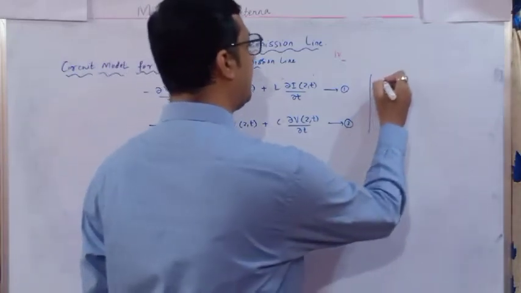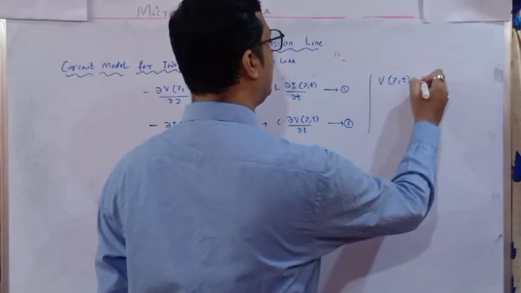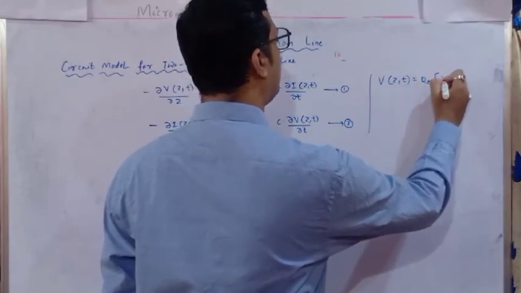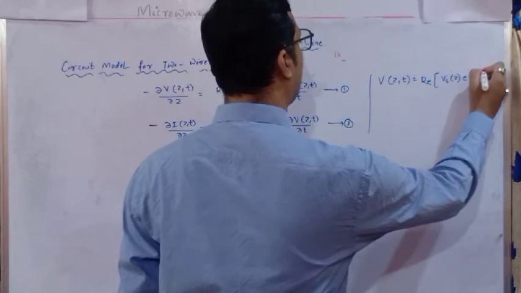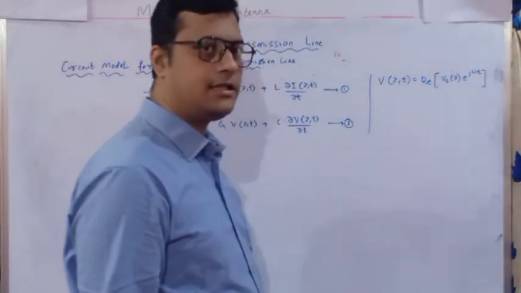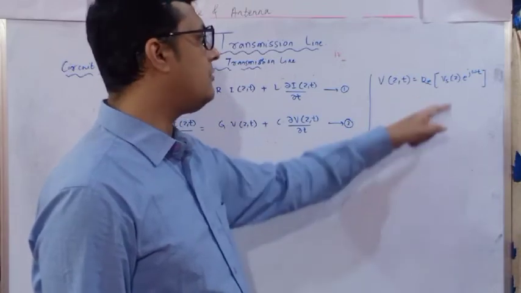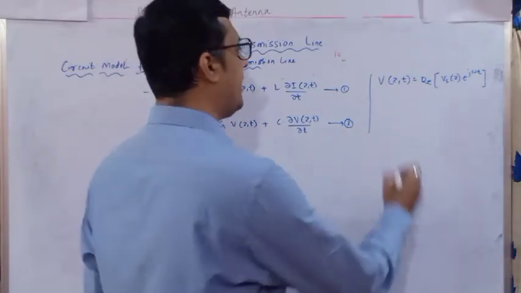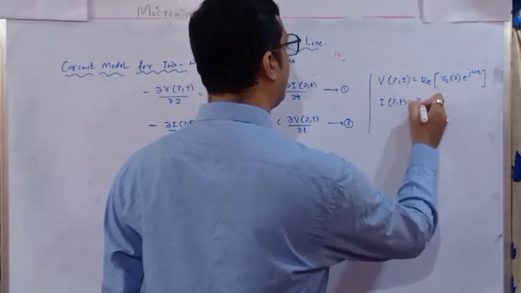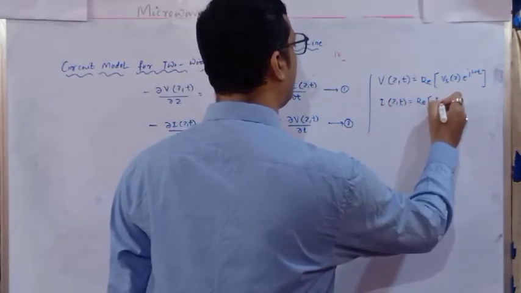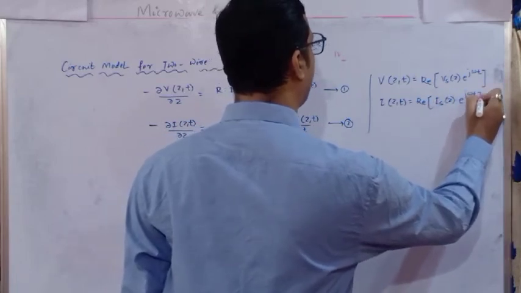So here I will write V of z comma t is the real part of Vs of z e to the power j omega t. This is the relation for the instantaneous value of the time varying quantity, and I of z comma t is the real part of Is of z e to the power j omega t.